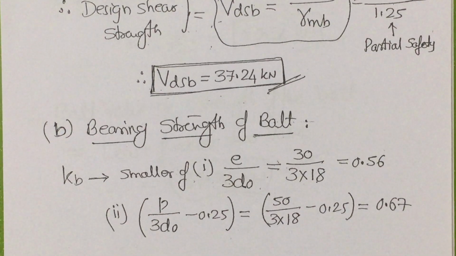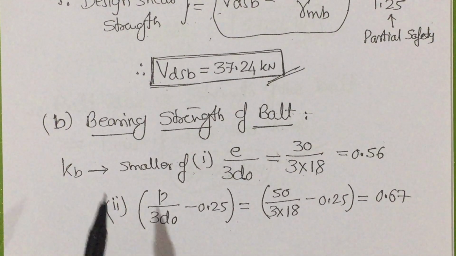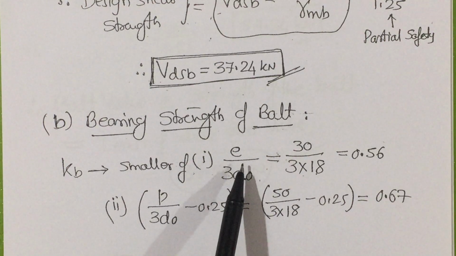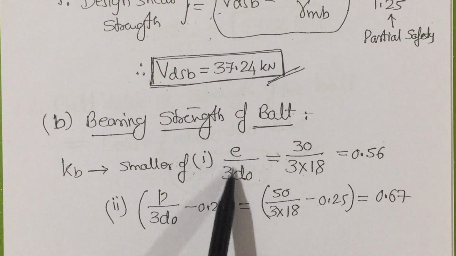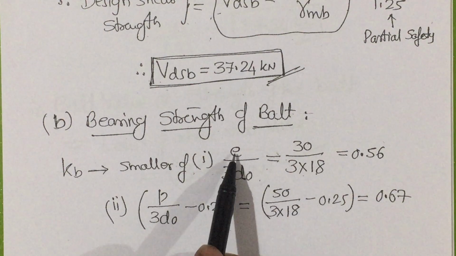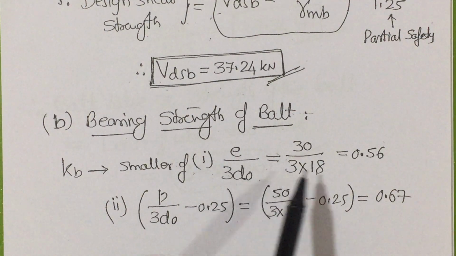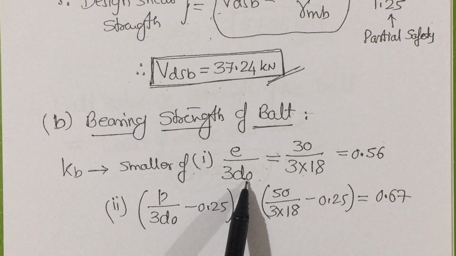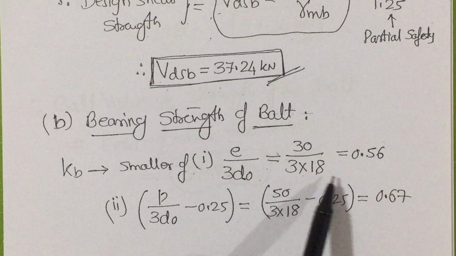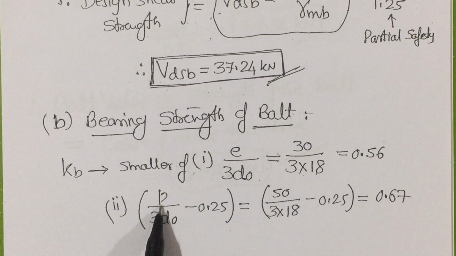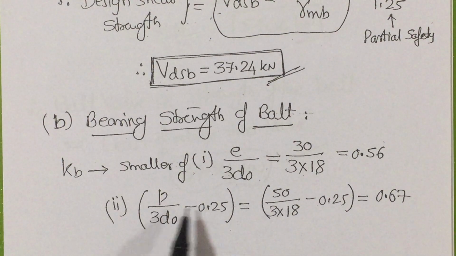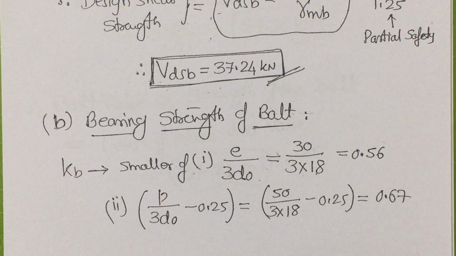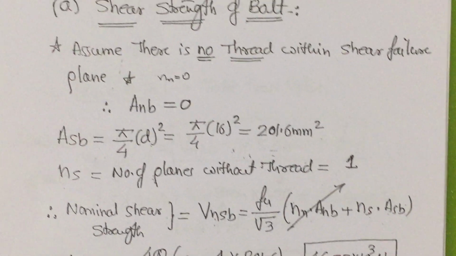Then the second step is bearing strength of the bolt. First we need to calculate KB. It is the smaller of 4 values. First, E by 3 D naught. E is 30, D naught is 18, E is nothing but edge distance, D naught is nothing but diameter of the hole. So, 0.56. Then P by 3 D naught minus 0.25, P is the pitch distance, D naught is the diameter of the hole, substitute, you are going to get 0.67.